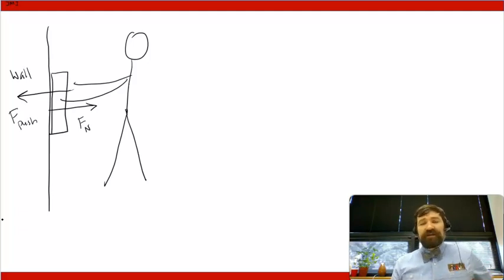Now notice that if there isn't a third force present here, or if I don't push upwards at an angle, this object should actually slide down the wall. That actually helps imply the existence of a third force, friction, which in this case would be an upward force to balance out gravity.